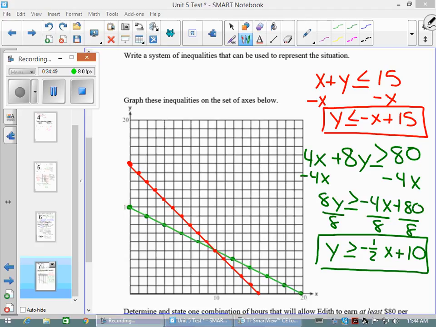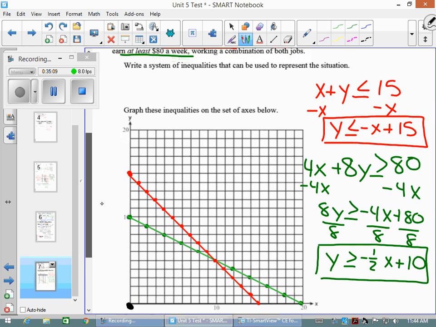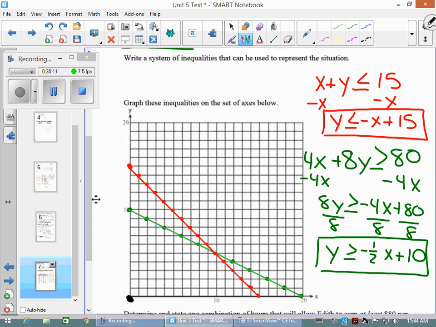So to do our shading, I'm going to test this point 0, 0, which is down here, to see if that is a solution or not. Again, I'm going to test it in my original inequalities so that I know I didn't make any errors solving them. So on my first one, if I have 0 plus 0, is that less than or equal to 15? 0 is less than or equal to 15.